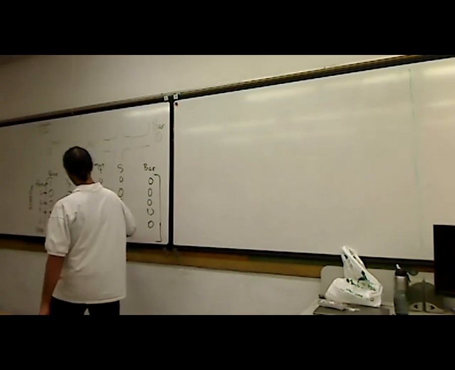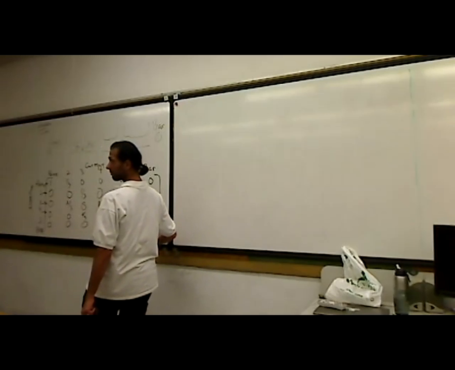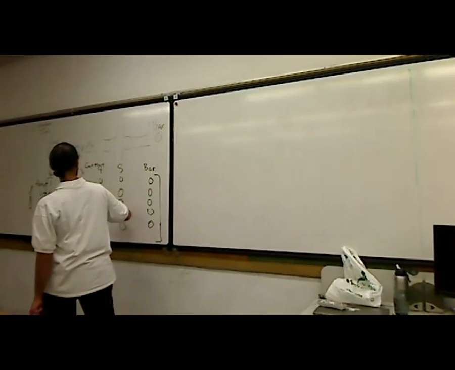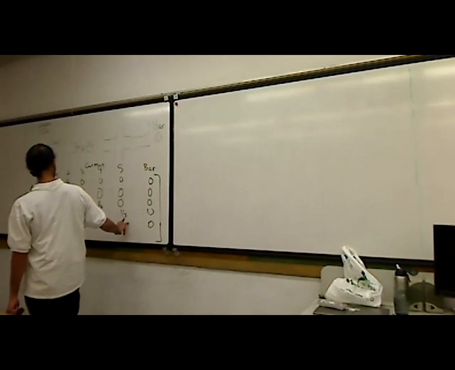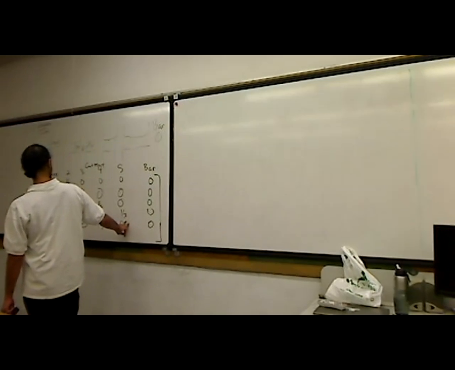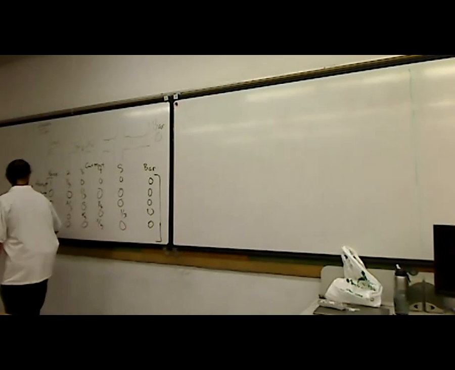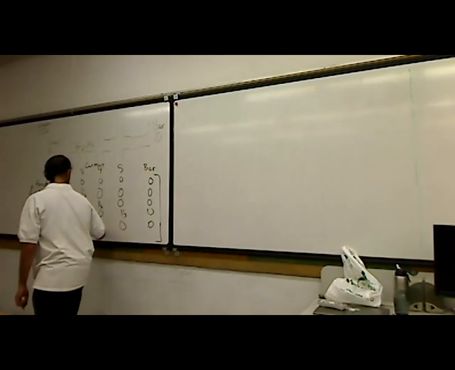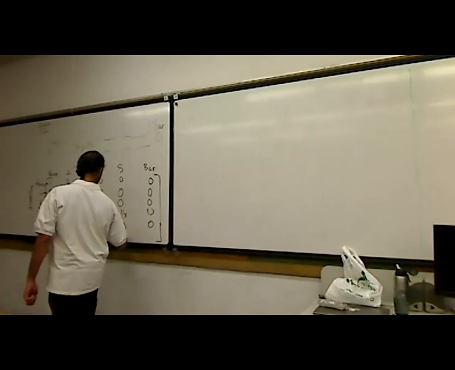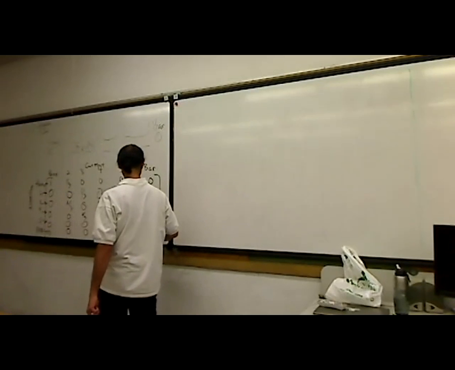If you're at the bar, the likelihood you're going to go to 5 is 0, right? If you're at 5, the likelihood you're going to go to 5 is 0. If you're at 4, the likelihood you're going to go to 5 is 2/3, right? My rows got misaligned. There we go. So if you're at 5, the likelihood you go to the bar is 2/3. If you're at the bar, the likelihood you stay at the bar is.